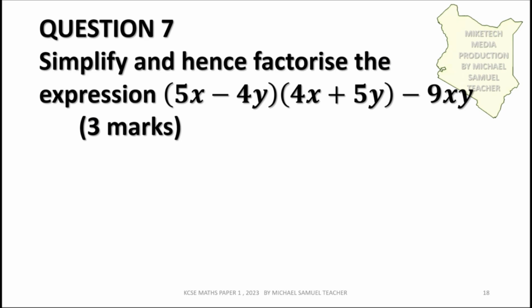Question 7. Simplify and hence factorize the expression (5x minus 4y) times (4x plus 5y) minus 9xy.